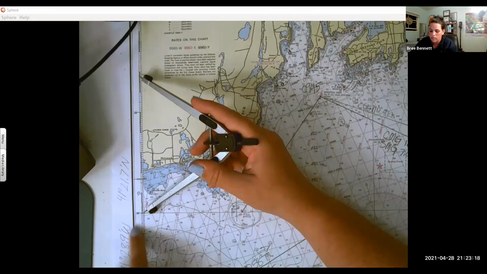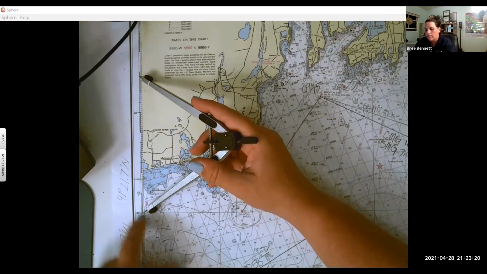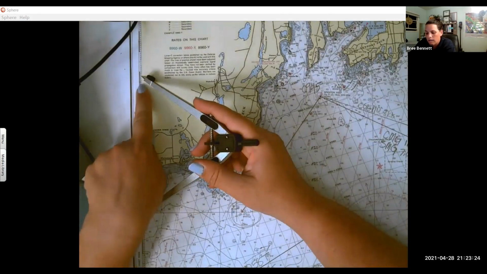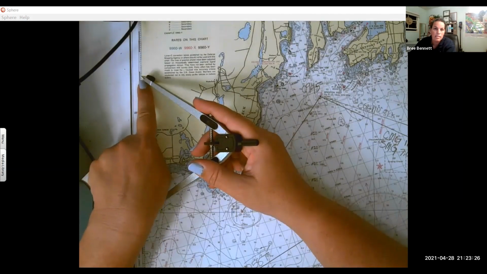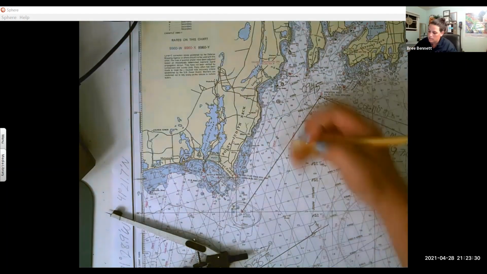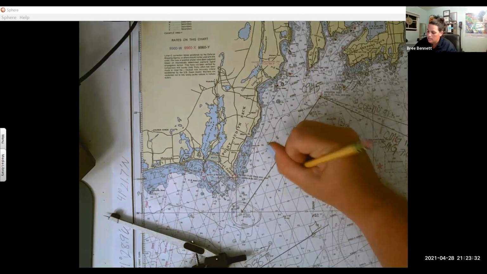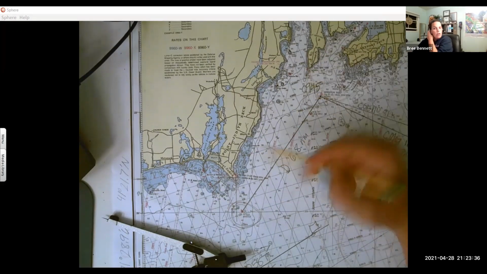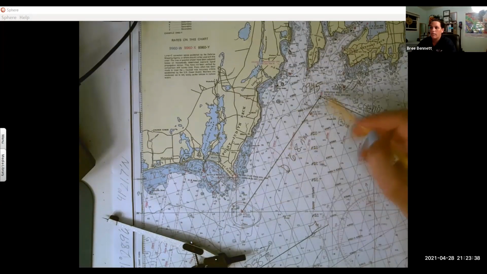So we're starting at 20. Here's 5, 6, 6.8 nautical miles. I'm going to say my distance is 6.8 nautical miles for this leg of our route.